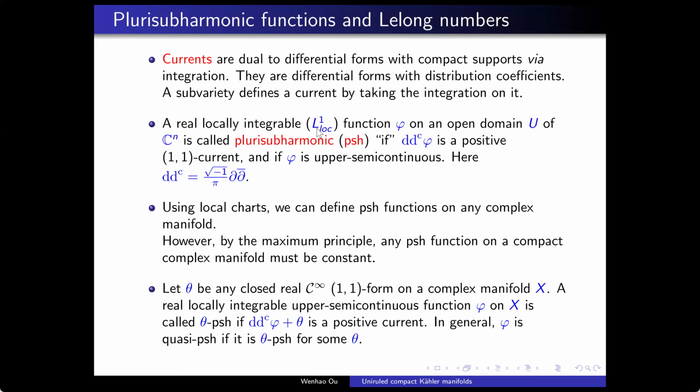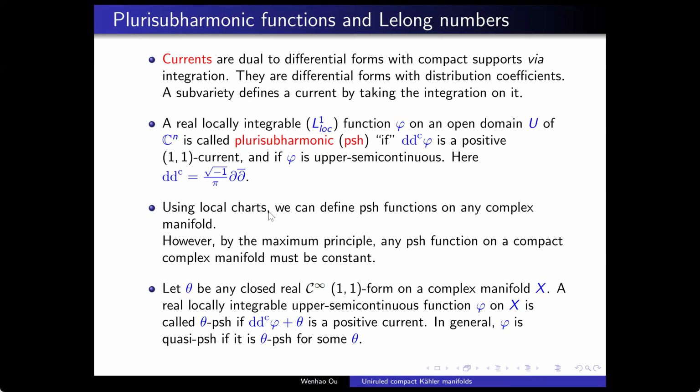Roughly speaking, a PSH function is defined as follows: a real locally integrable function on an open domain of C^n is PSH if dd^c phi is a positive (1,1)-current, and if phi is upper semi-continuous. Here dd^c is this operator: we have some function or a generalized function or a distribution, and we take dd^c, or this partial, partial-bar, and we are going to have something of type (1,1). It is PSH if and only if this current is a positive current.